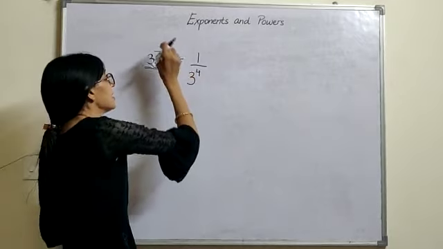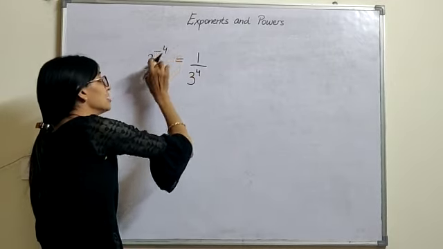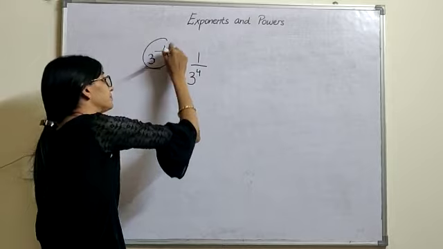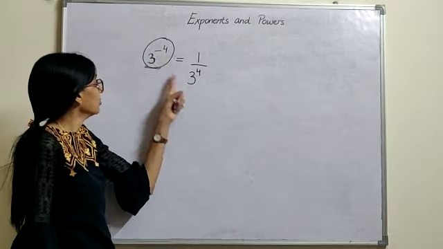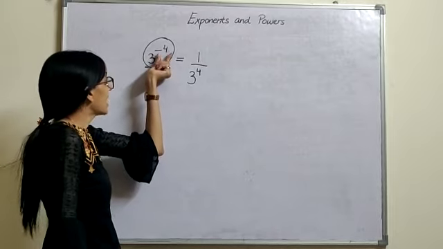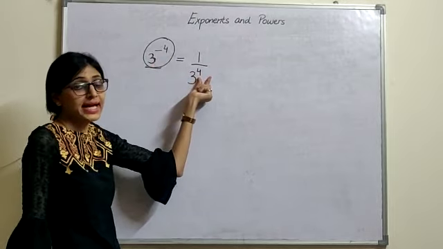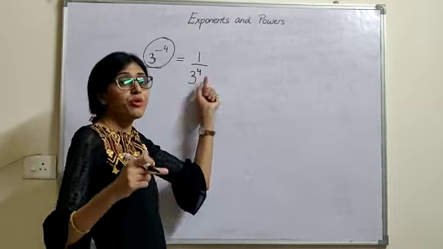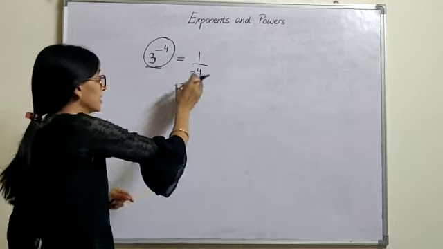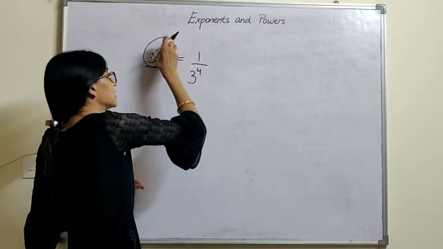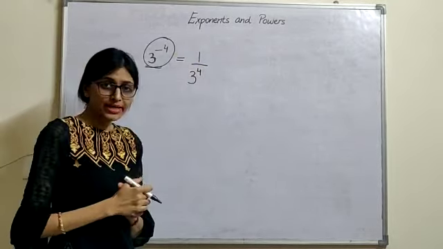Yes, because this whole is the numerator. When I take this power to denominator with this base, the sign of the power changes. That is, it is converted into a positive exponent. So you understand how to convert this power into a positive exponent.